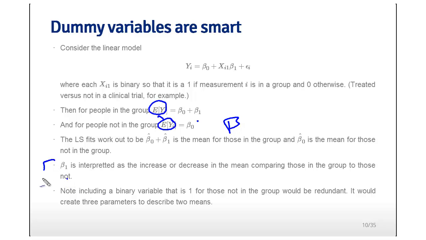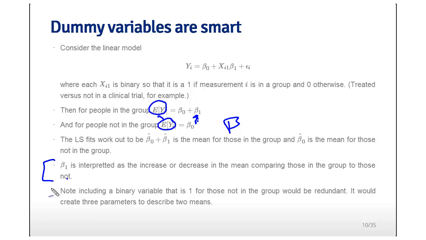So beta 1 is interpreted as the increase or decrease in the mean, comparing those in the group to those not. If beta 1 is positive, then that is the increase for the group where x is labeled 1 relative to the group where x is labeled 0. If beta 1 is negative, then that is a decrease in the mean for the group where x is labeled 1 relative to the group where x is labeled 0.